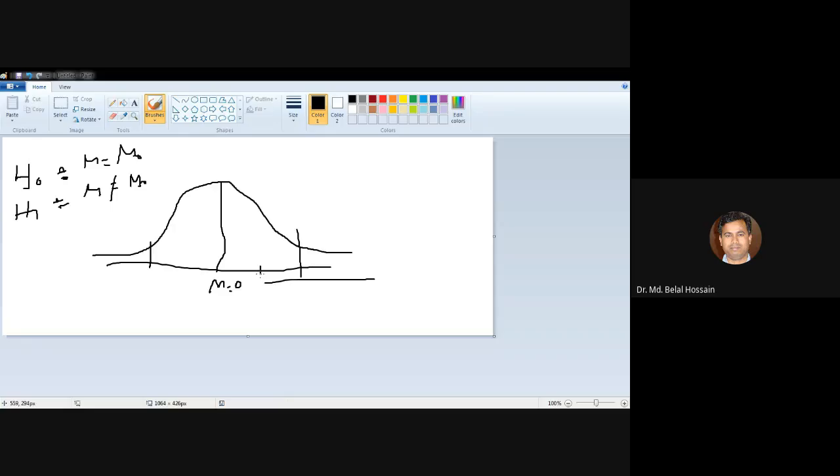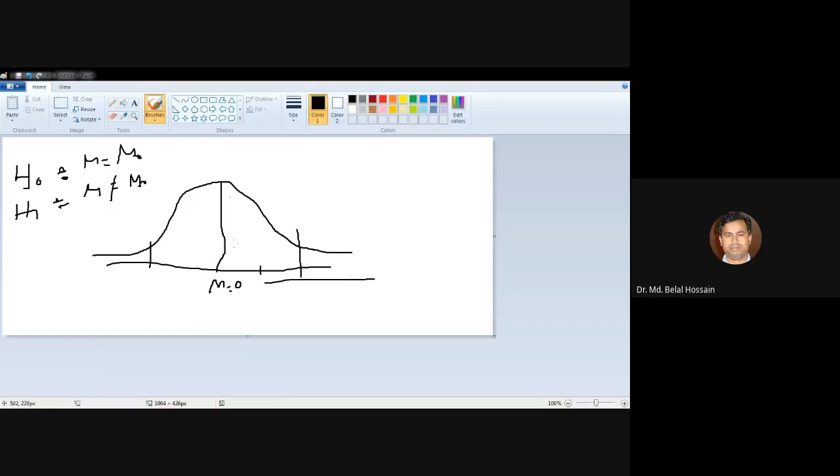Say mu equals 10 here. If mu not equals mu naught, then it can be greater than mu naught or less than mu naught. So that test is going in two directions.